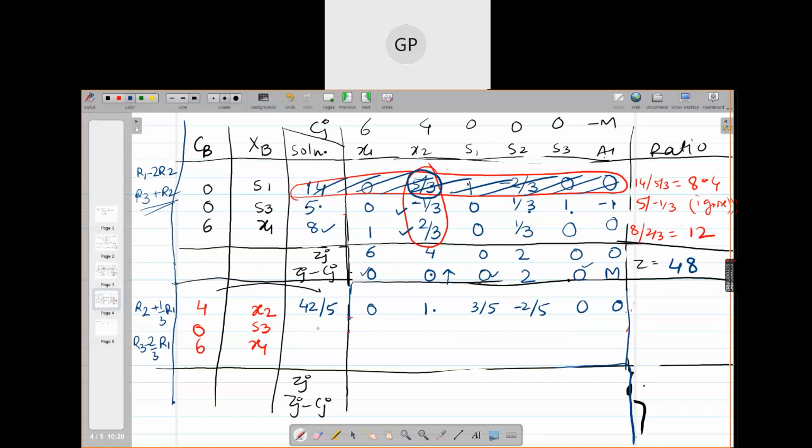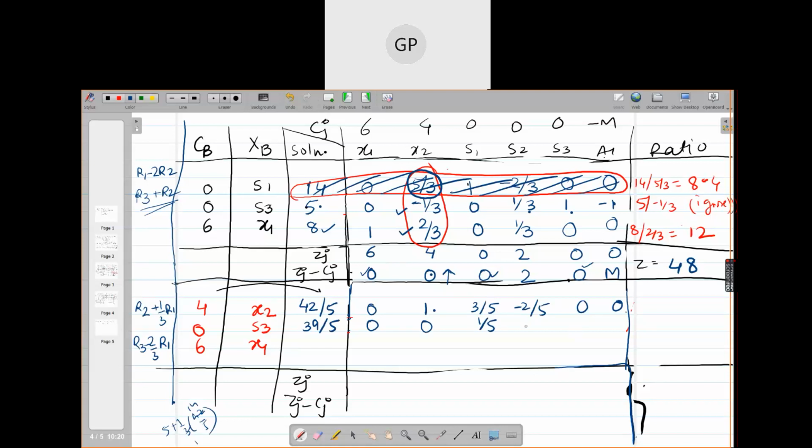So 5 plus 1 by 3 into 42 by 5. कितना हो रहा है? So that is 5 plus 14 by 5. That is 39 by 5. Okay. Then it is 0 here. Then minus 1 by 3 plus 1 by 3 is 0. Then 0 plus 1 by 3 into 3 by 5, that is 1 by 5.